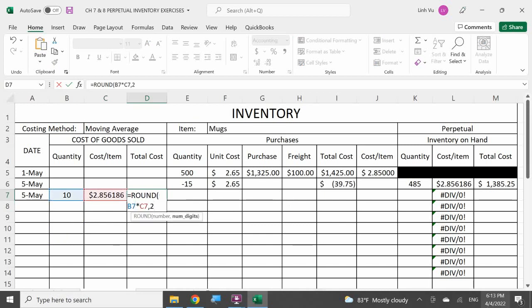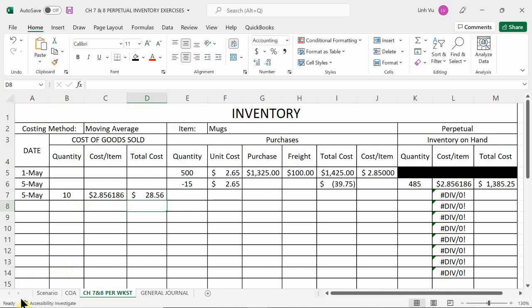So 10 times $2.85618 is going to give me a total of $28.56. The 6-1 is going to tell you to not round up. So $28.56. Now I need to update my inventory as well because I just got rid of 10 items.